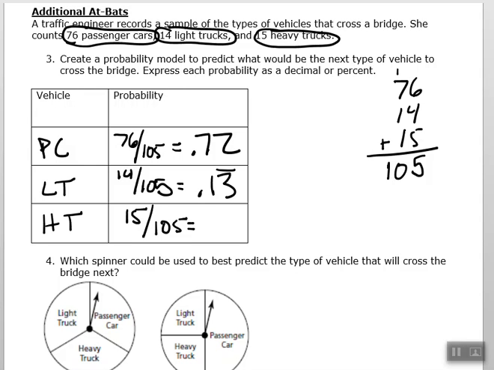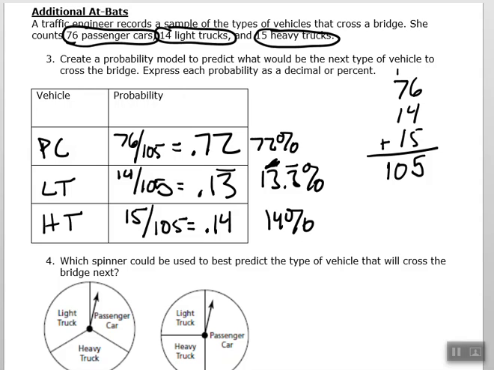And then for 15 divided by 105, that gives me about 0.142, so I'm just going to go to 0.14. And again, that would be 72%. 13, we'll give that a 13.3 repeating percent. You don't want to put a repeating over a whole number. And then 14%.